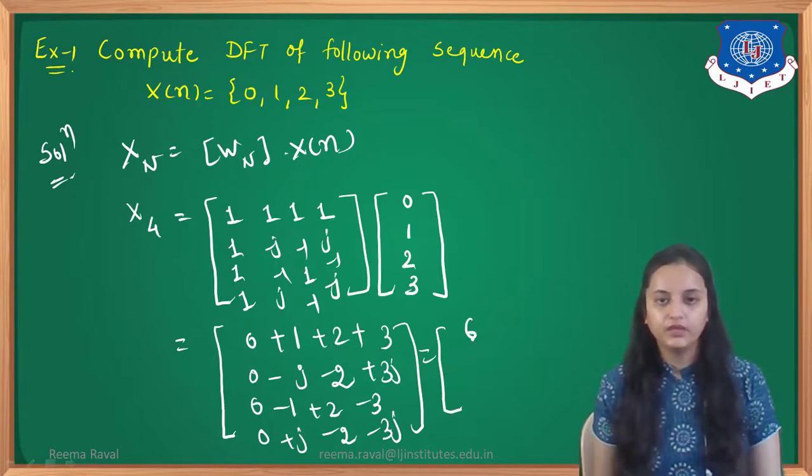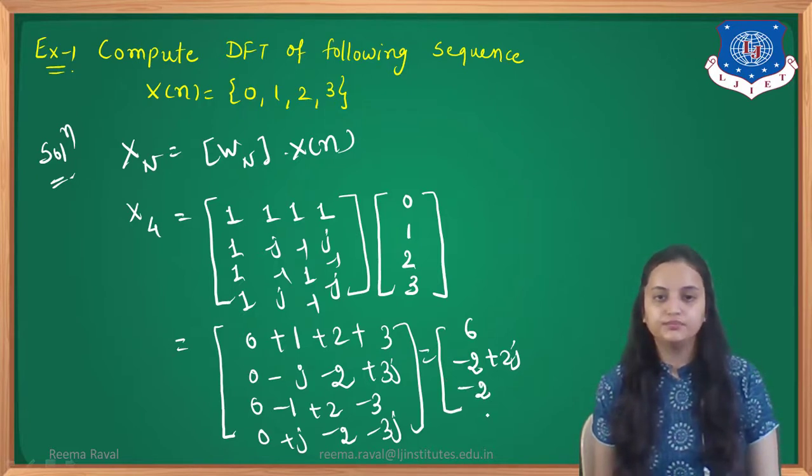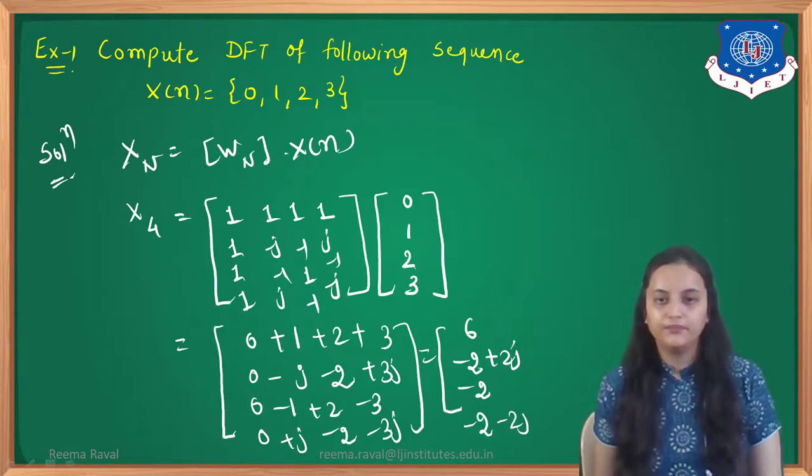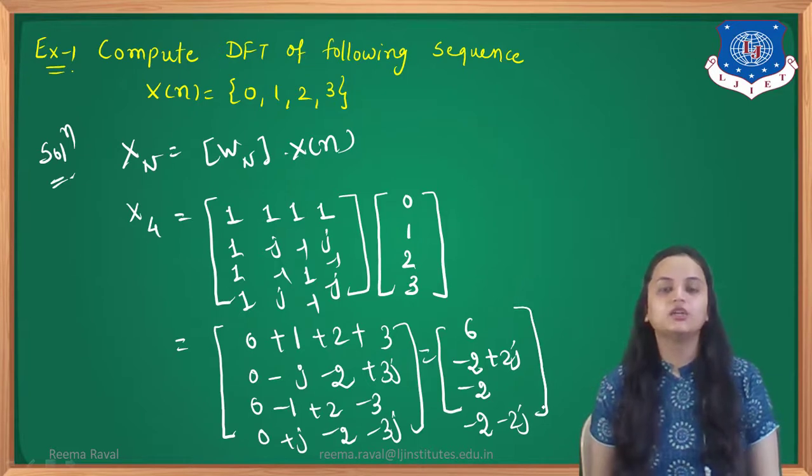So the answer will be 0 plus 1 plus 2 plus 3, that means 6. Then the next value is minus 2, here it is plus 3j minus j, that means plus 2j. Then the next value is minus 3 minus 1, minus 4, plus 2, that means minus 2. Then the next value is minus 2 minus 2j. So this is the answer of the DFT.